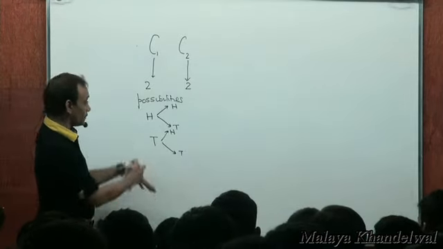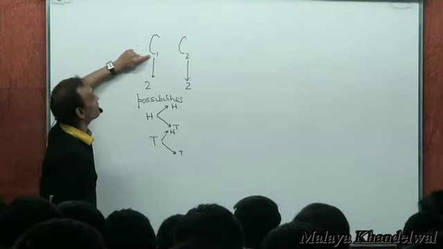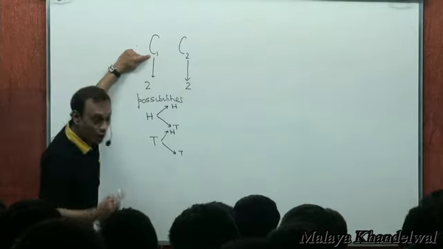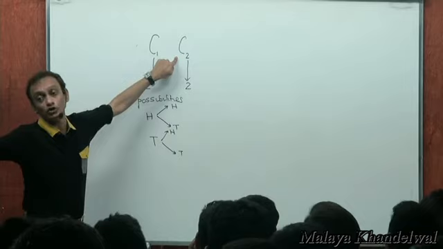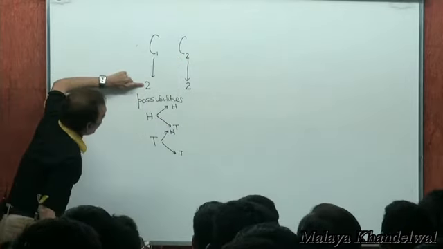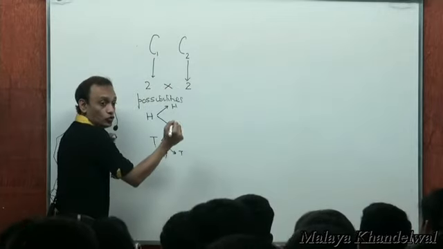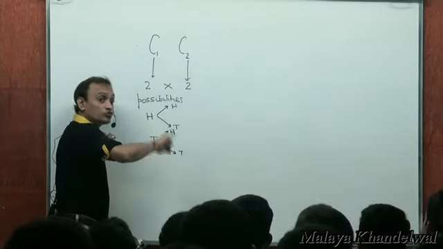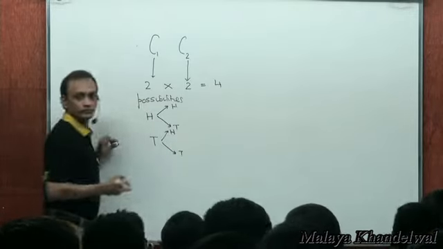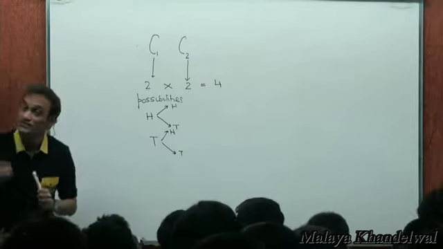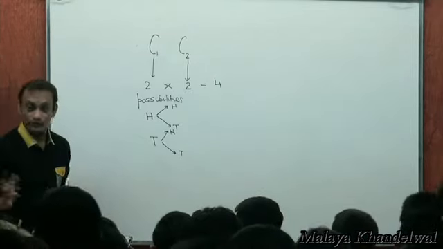That means the way the tree works, number of outcomes related to C1 followed by number of outcomes related to C2. So 2 outcomes related to C1 and 2 outcomes related to C2. Therefore, number of outcomes related to C1 and C2 would be 2 into 2. That makes it 4. Right?